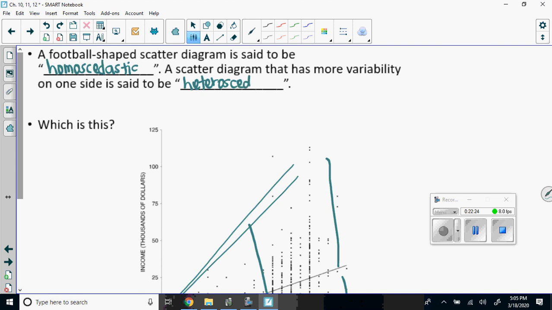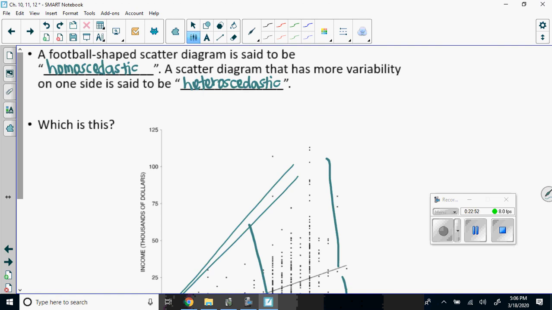Okay, the way I remember this: scedastic sounds kind of like elastic to me. I think elasticity is how stretchy it is or how far out it goes. So I just think, okay, scedastic, that's like the residuals, how far out it goes. And then homo means same, hetero means different. So homoscedastic means it's about the same stretchiness, or about the same residual, all the way along. Heteroscedastic means it's changing as you go.